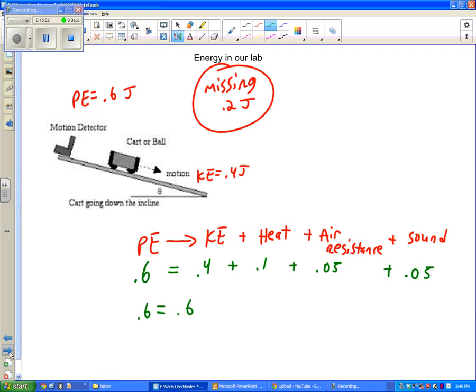So energy is conserved, but in our labs, the kinetic wasn't equal to the potential because some of that potential energy was not converted to kinetic. Some of that potential energy was converted to heat, to air resistance, to sound. So that's where that extra energy went.